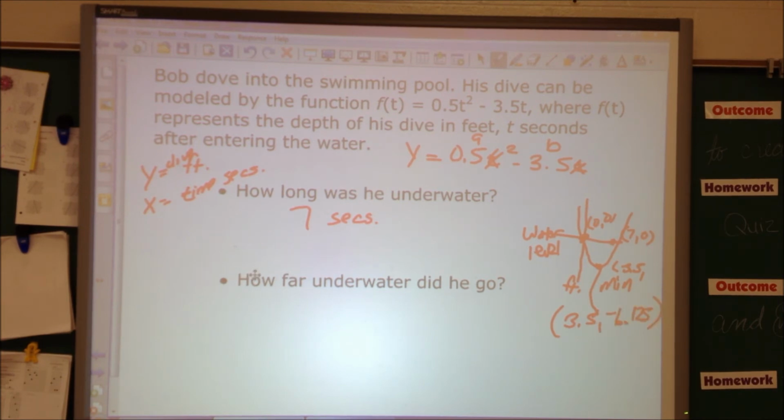So the question is asking how far underwater. So that's my depth, which is my y. Now I'm not going to say negative 6.125. It says underwater. So how far underwater did he go? He went 6.125. Remember, that's in feet. Underwater.